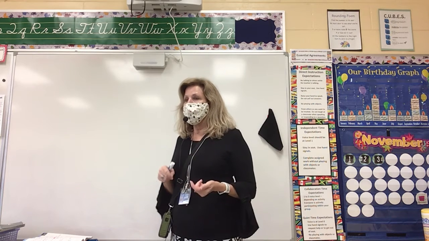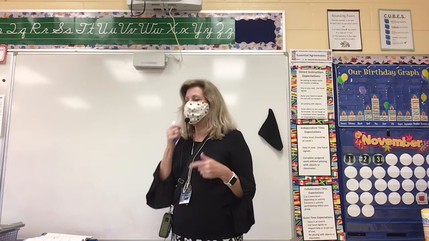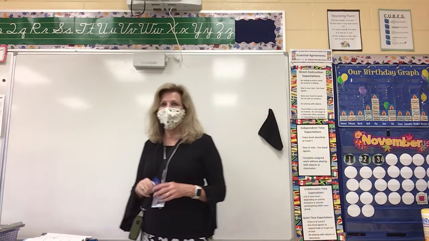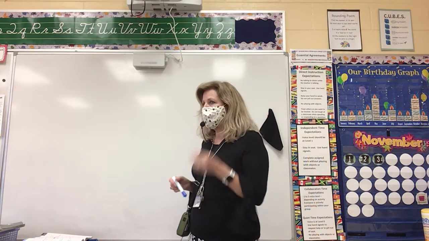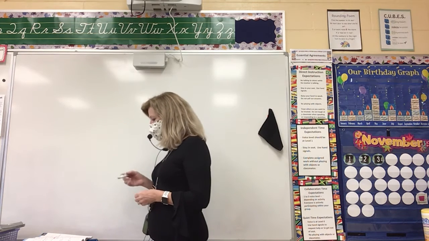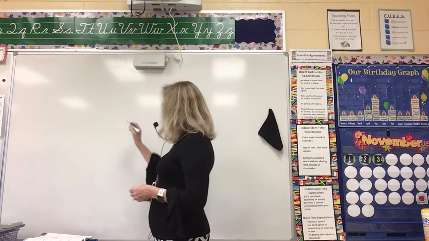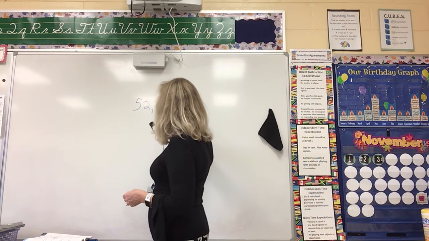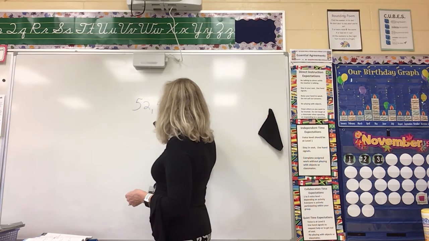So you really have to pay attention to what it is asking you. This is asking you from least to greatest. So how would you arrange those? Eli, for number 14. 52, 53, 54, 55. Very good.